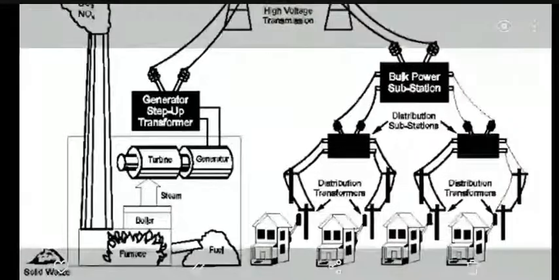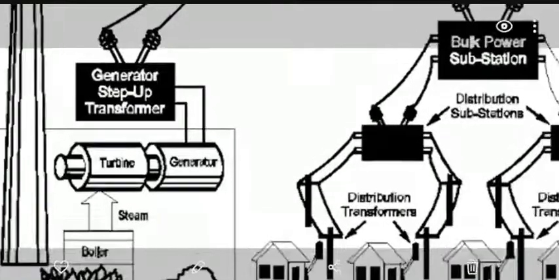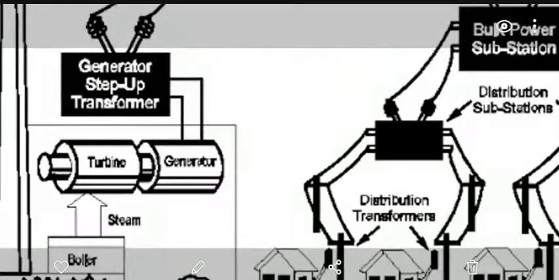And turbine means a rotating cylinder, heavy cylinder, which is fed into the AC generator. AC generator has the same shaft going in, which is rotating, and on top of it, there are magnetic poles, north and south poles, which rotate at a certain RPM, which is dictated by the turbine.